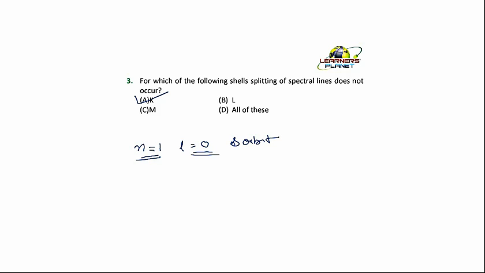So the splitting of lines will not occur for the K shell because it is symmetrical. It is a circular orbit. Sommerfeld also told that n is equal to 1, so your k will also be equal to 1, and your n by k will be equal to 1. That is, it is a circular orbit.